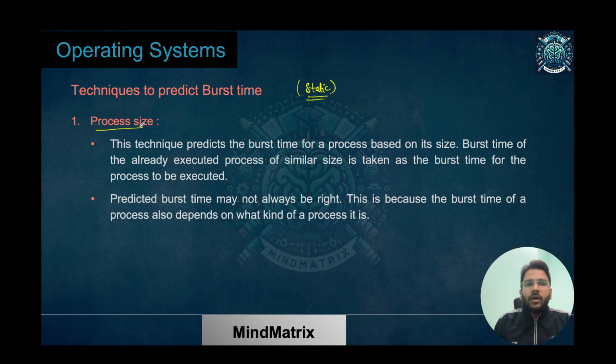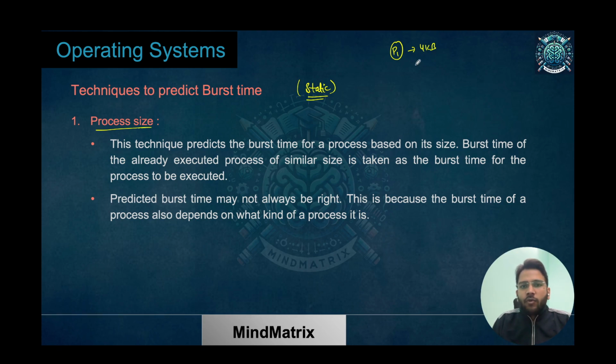So one way of static prediction of burst time is process size. In this case, what this technique does is, let's say you want to predict the burst time of the P1 process, and that is, let's say, 4 KB.